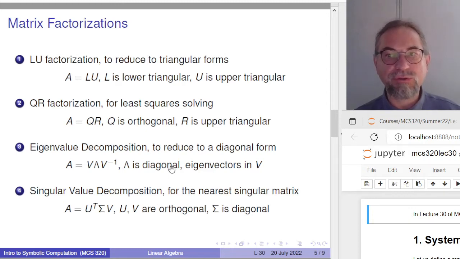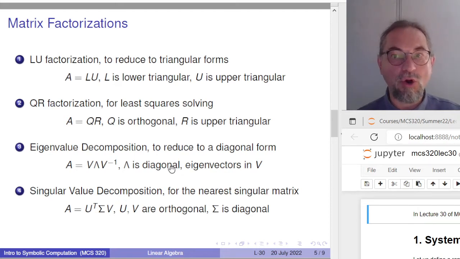We are going to minimize the residual, and we are going to apply orthogonal transformations. Orthogonal matrices are very nice matrices. If you transpose them, the columns become rows and rows become columns, then the transpose is the inverse of the matrix. So these are the first two matrix factorizations, which reduce the matrix to a triangular form.